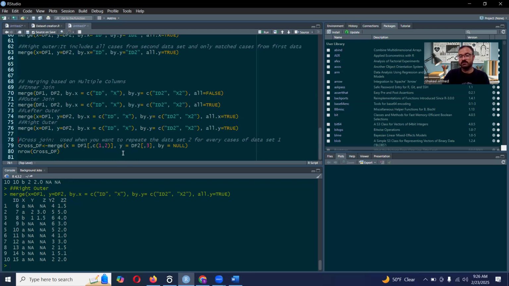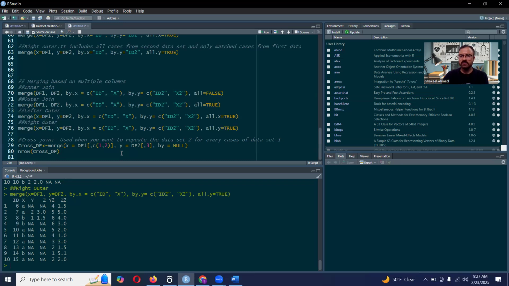This may be useful in cases where, for example, we have a mother and different children, then the value of the mother will be repeated for each child.